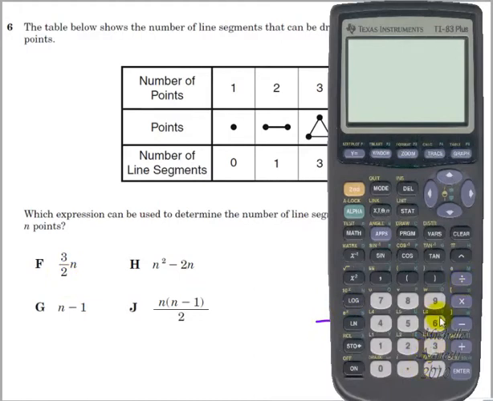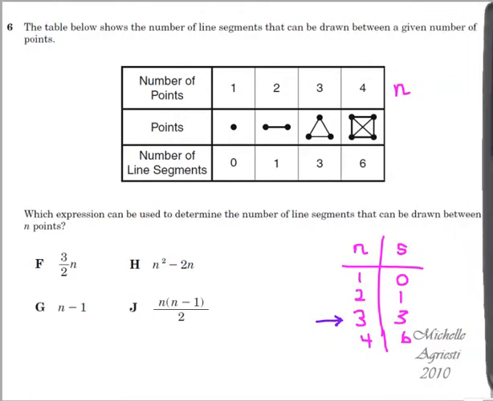Okay, 3 halves times 3 is 4.5. And we were hoping for 3. So F is out.